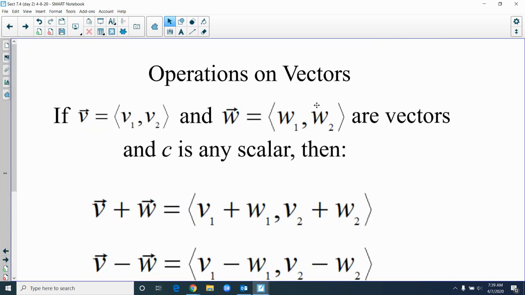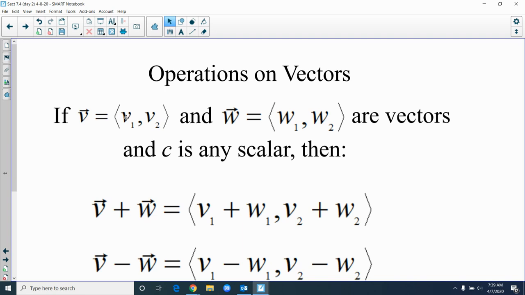All right, operations on vectors. We can take graph paper and add two vectors, but sometimes that's not the easiest thing to do. So we want to find an algebraic way to represent them and an algebraic way to add them. Right now our algebraic way to represent them is a position vector.